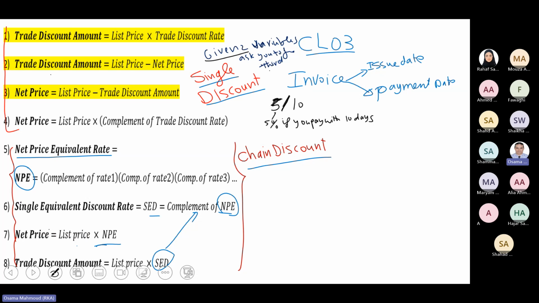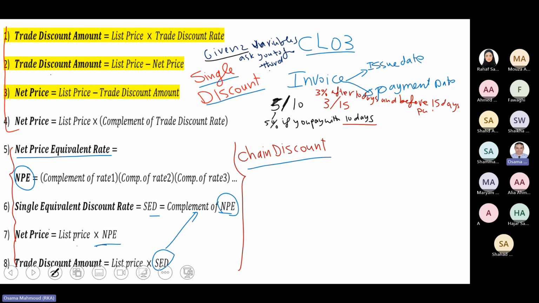Okay, if you don't pay within 10 days, you pay after 10 days, he's writing for you, you will get less discount for sure if you pay after 10 days up to 15 days. So this means 3% after 10 days and before 15 days payment.